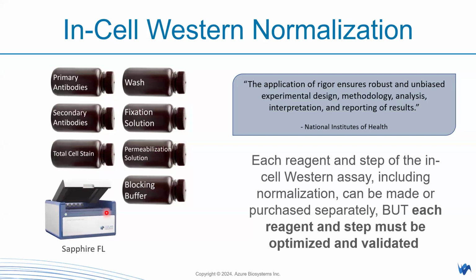Normally the in-cell Western will be labeled with near-infrared fluorophores because they are less subject to interference from autofluorescence and give very good noise levels. Normally a nuclear stain or total cell stain will be used as a normalization control. And like any other technique we use in the laboratory or R&D, the reagents and steps must be optimized and validated.